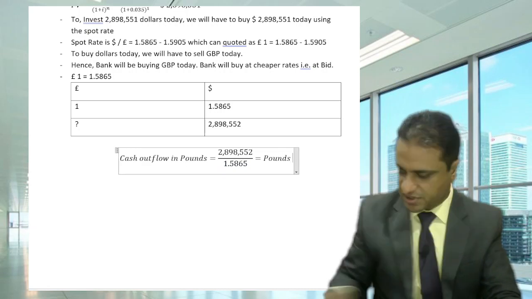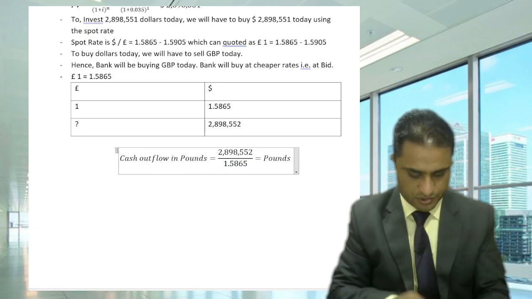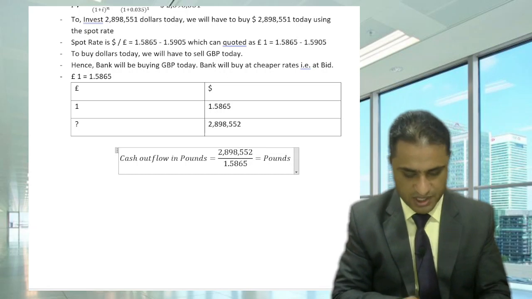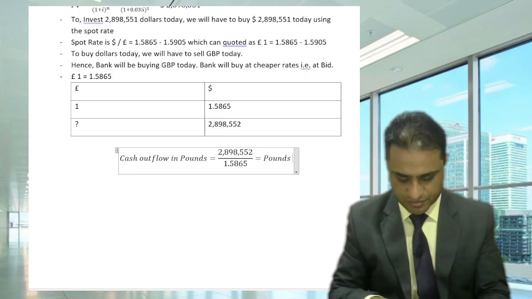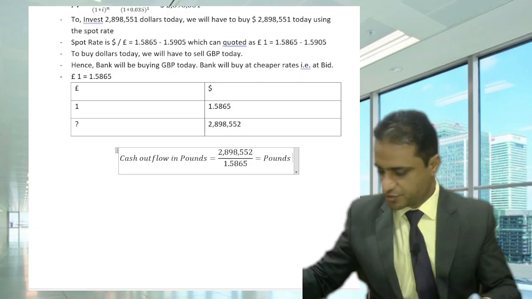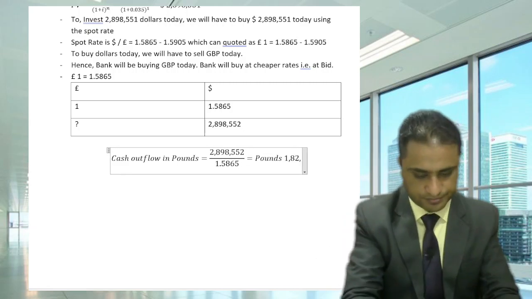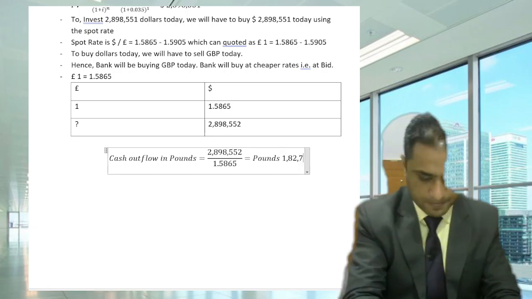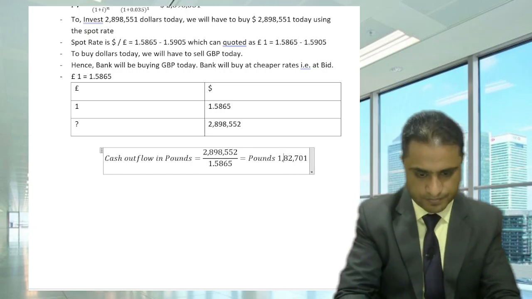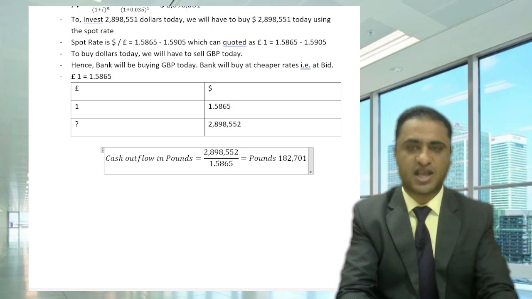Now let's calculate it. 2,898,552 divided by 1.5865, which comes to 182,701 pounds. Yeah, now we are done.